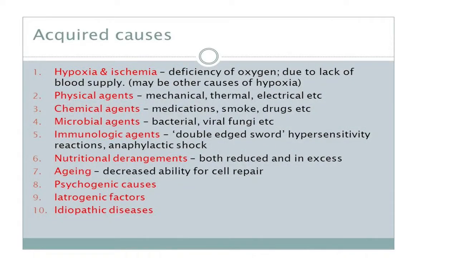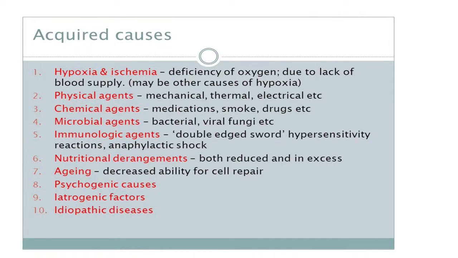When we talk about hypoxia, we simply mean inadequate oxygen supply to a cell or tissue. So we can say hypoxia or anoxia. But it came about as a result of lack of blood supply. Inadequate blood supply to an area, we call it ischemia.